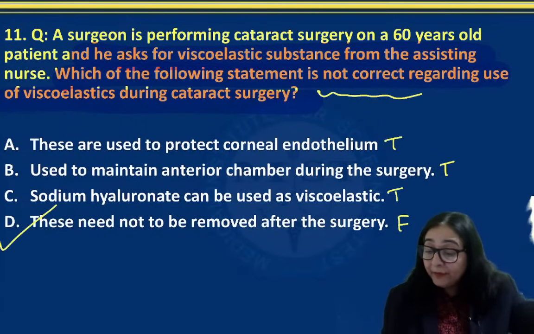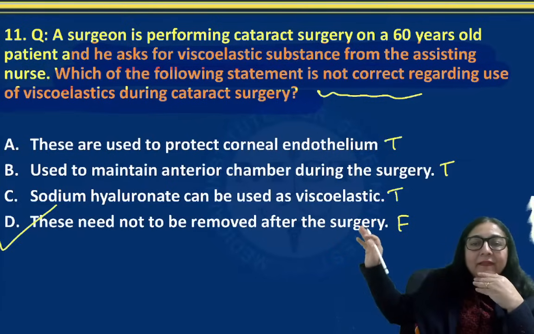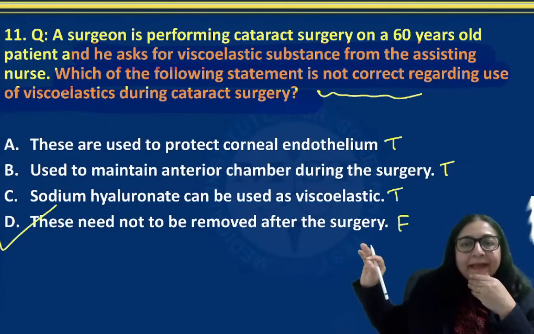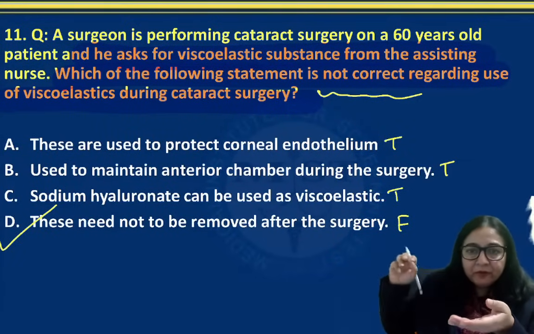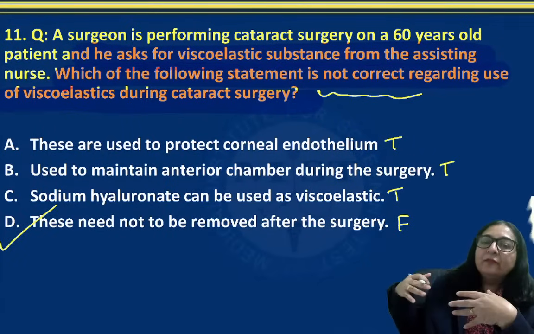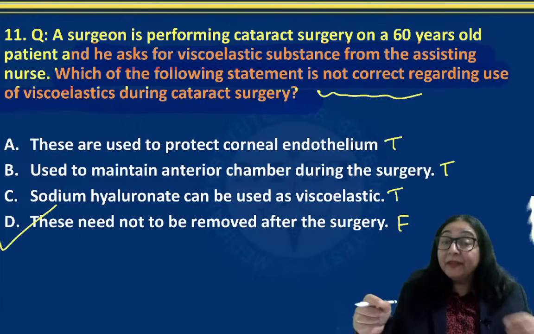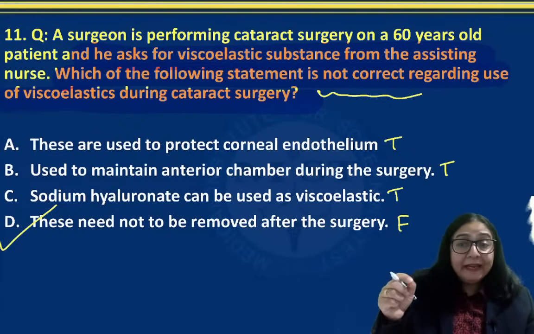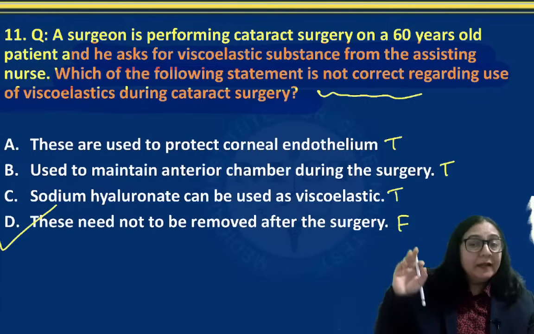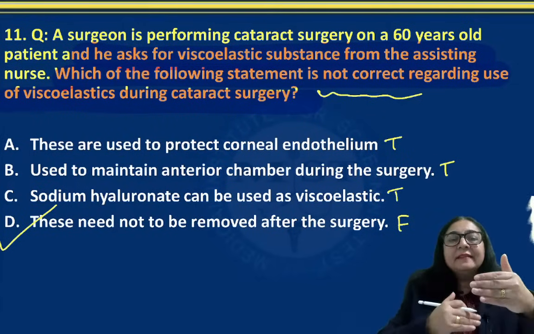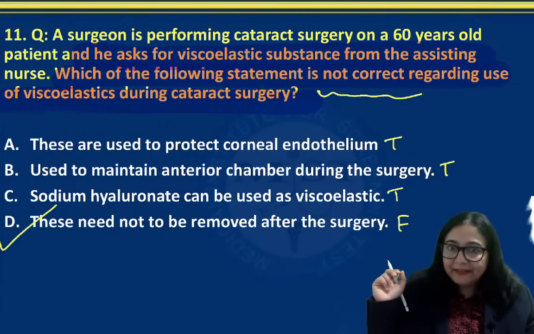Okay? So I'm just going to explain it. They are used to maintain the anterior chamber, because once you make the incision, the aqueous flows out. So you maintain the anterior chamber so that you can perform the capsulorhexis and intraocular lens implantation; there should be space in the anterior chamber. That is why you inject them.